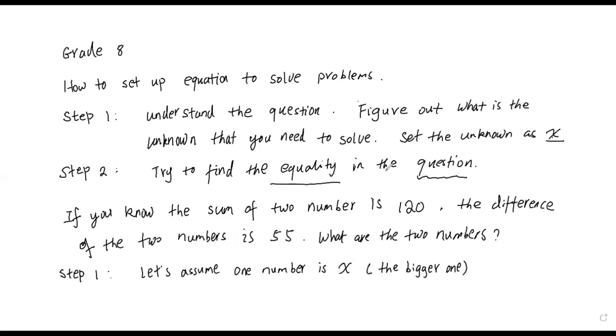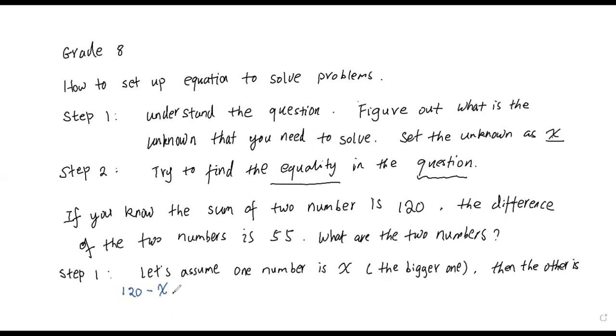So if the bigger one is x, and the sum of the two numbers is 120, then you could think about the other one is what? It is 120 minus x.